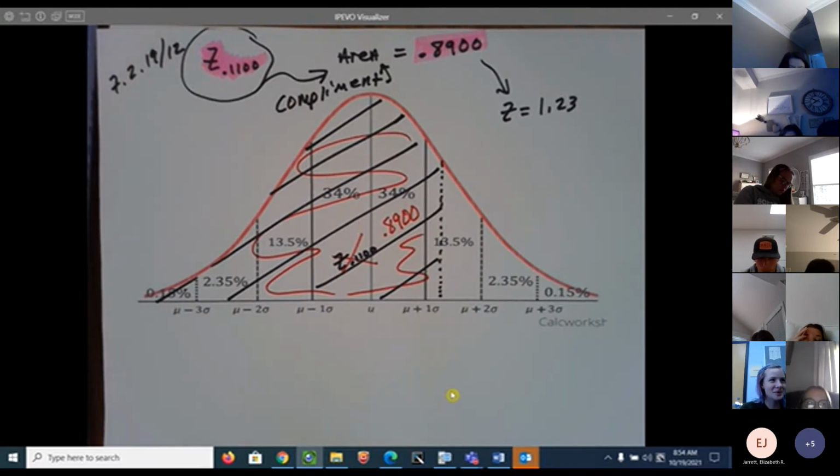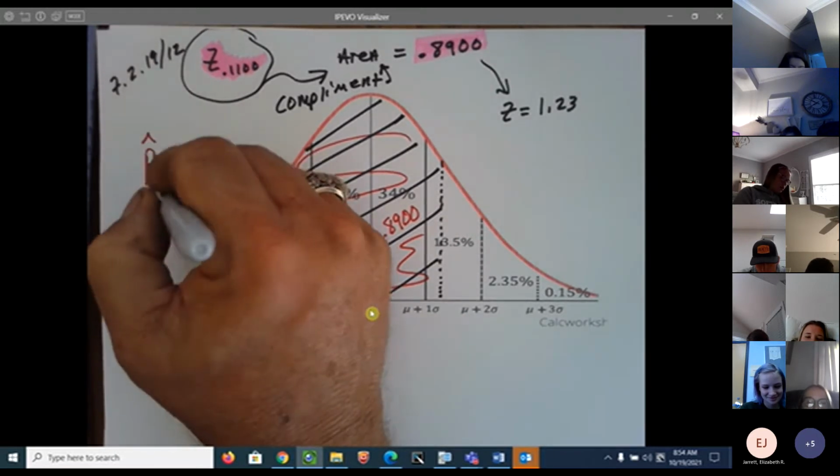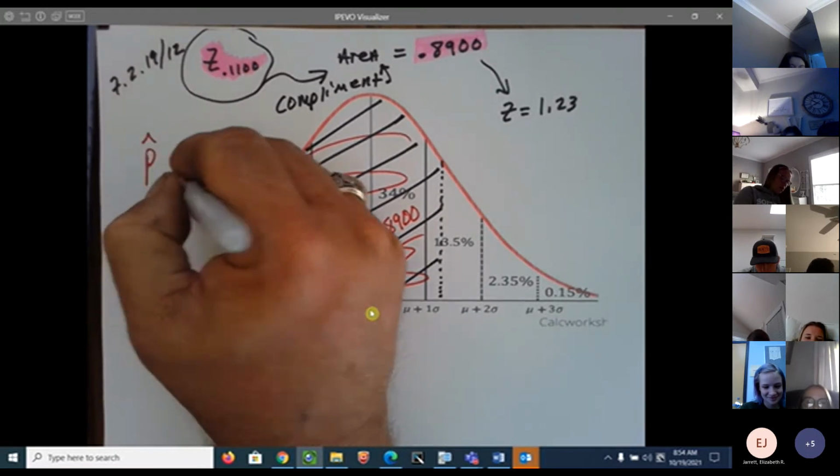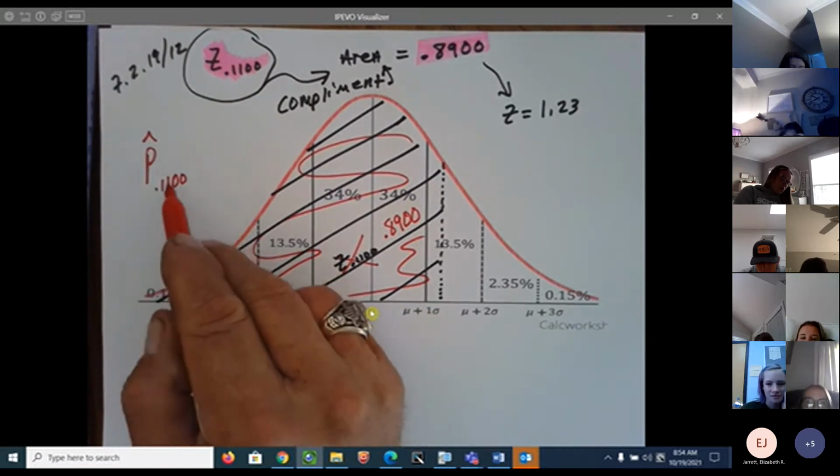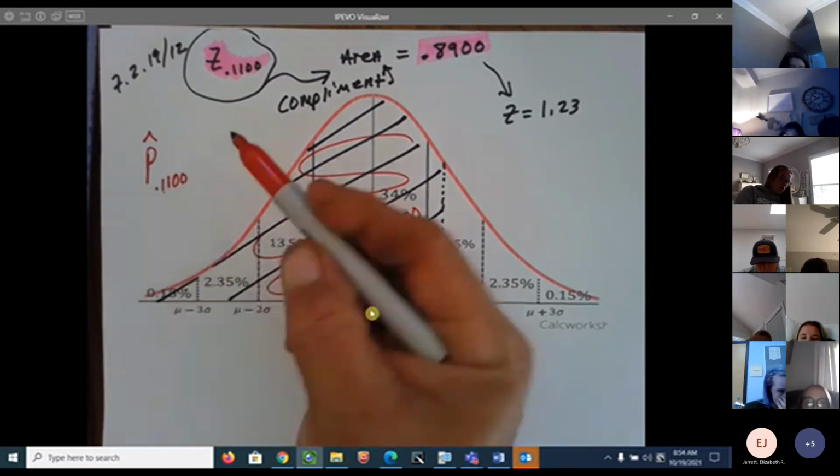Not a fan of this one, so unless the computer generates it, I would not pick this one for a test question because I'm not used to seeing that. I'm used to seeing this. That means the probability, I want the complementary probability of 0.1100.